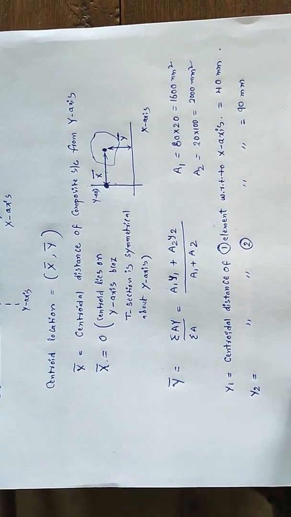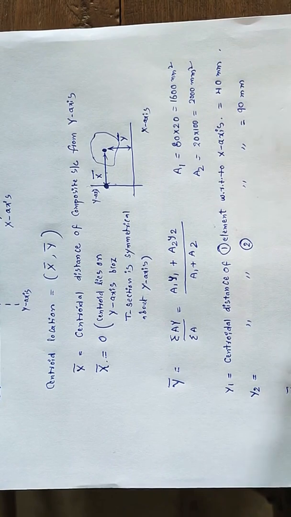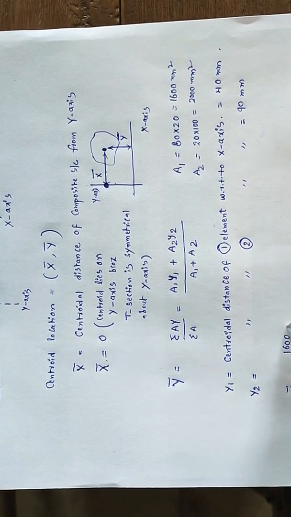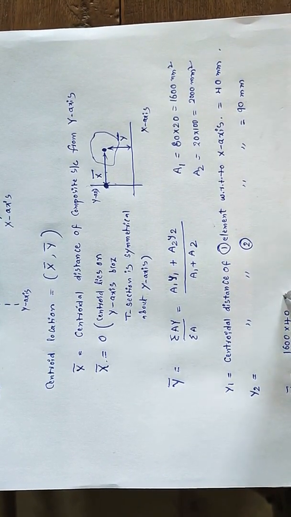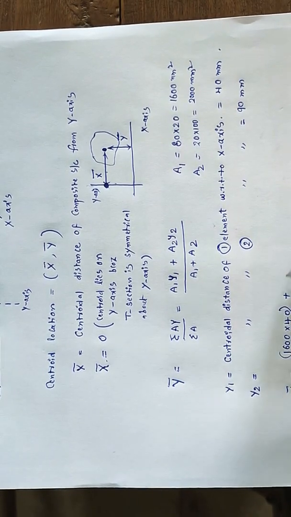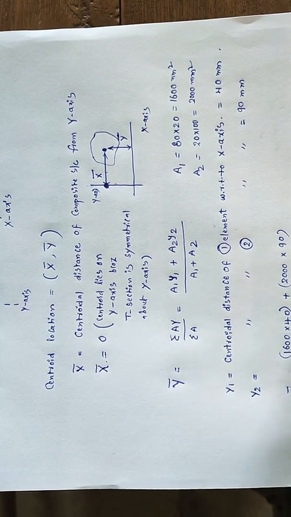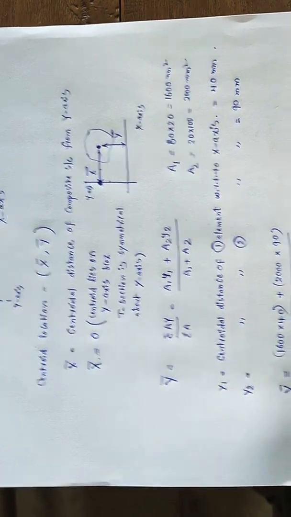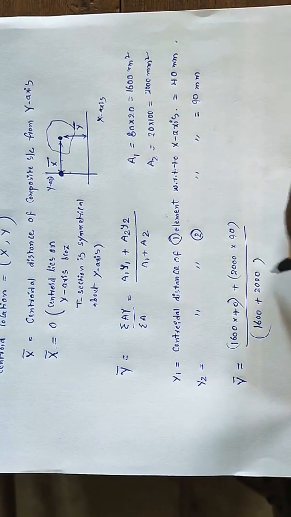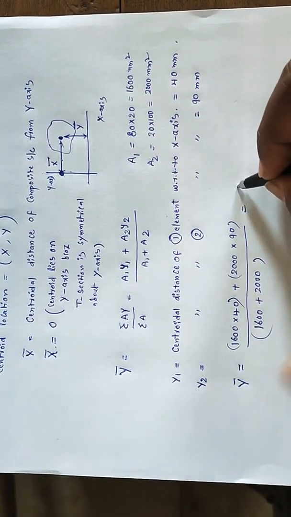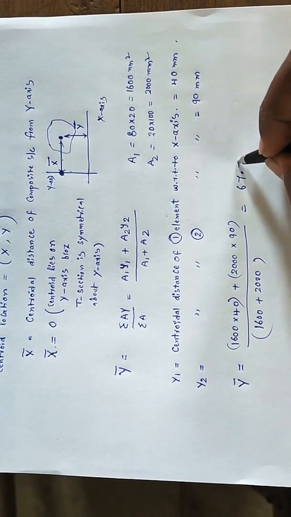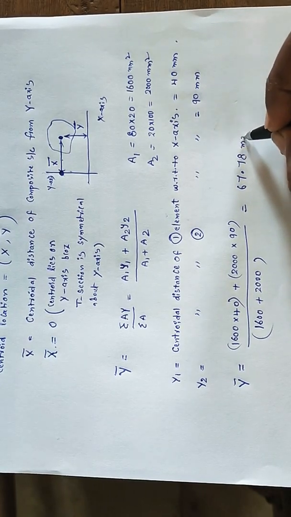So y bar will be equal to a1 y1, 1600 into 40, plus a2 y2, 2000 into 90, divided by a1 plus a2, 1600 plus 2000. So you may get some 67.78 mm.